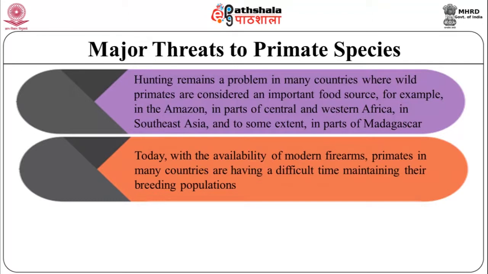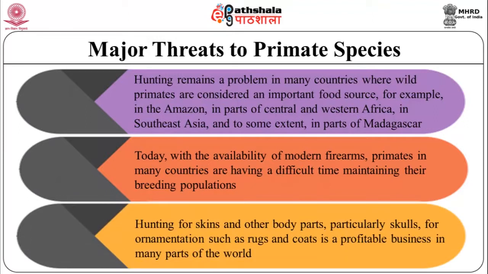Today, with the availability of modern firearms, primates in many countries are having a difficult time maintaining their breeding populations. Hunting for skins and other body parts, particularly the skulls for ornamentation such as rugs and coats, is a profitable business in many parts of the world.